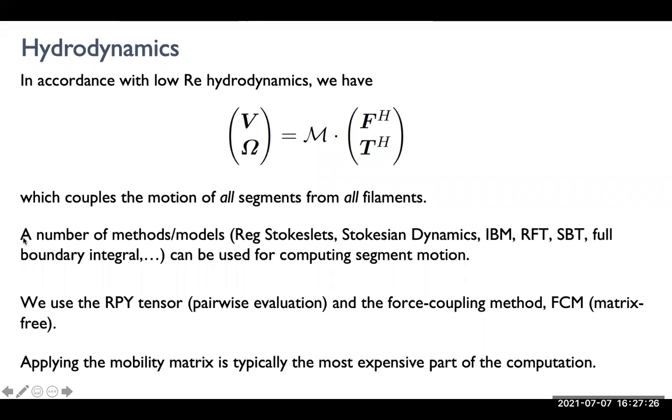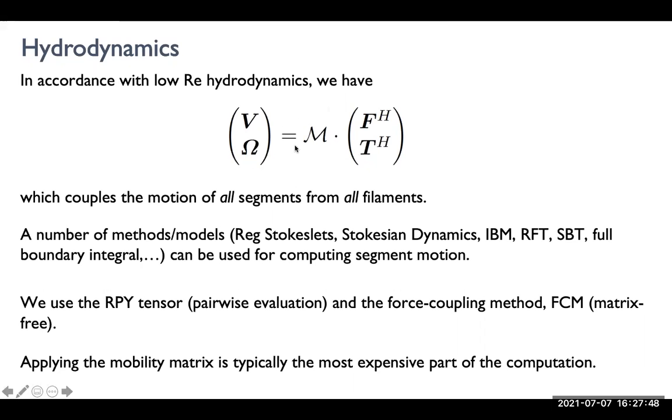I wrote it in this very general way because when we were thinking about our framework, we were really thinking about developing something that could interface with different levels of approximation or different kinds of hydrodynamic models, depending upon what a user would like.